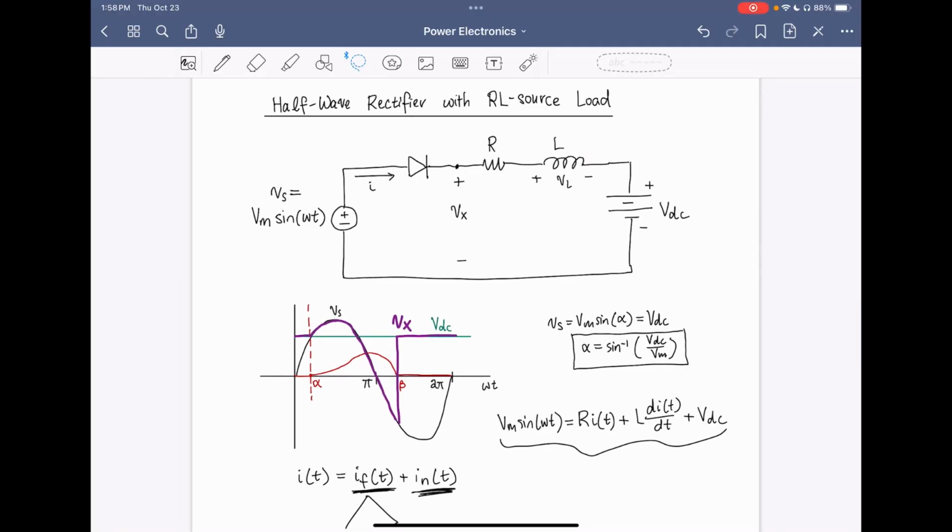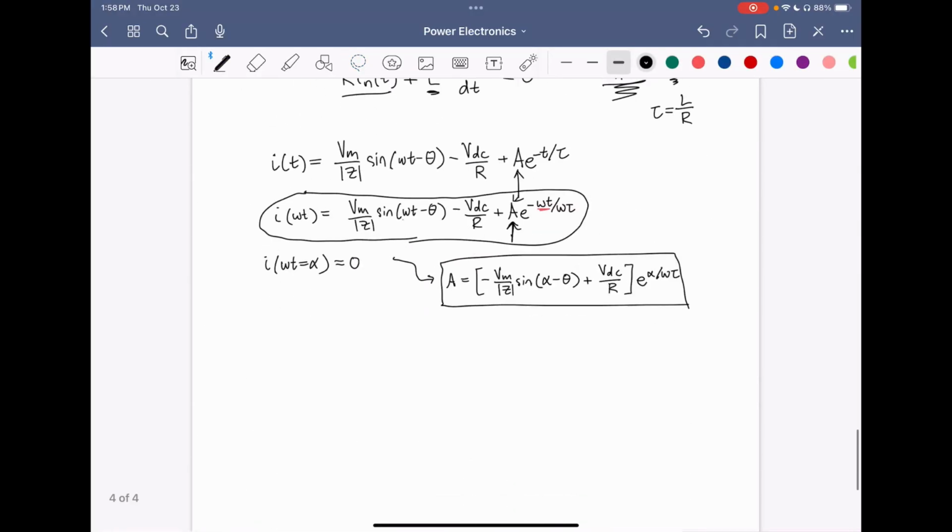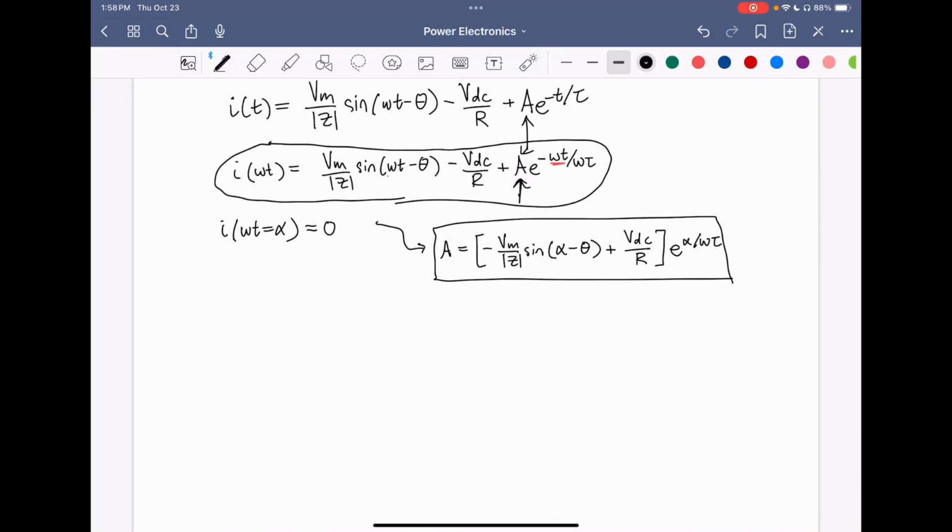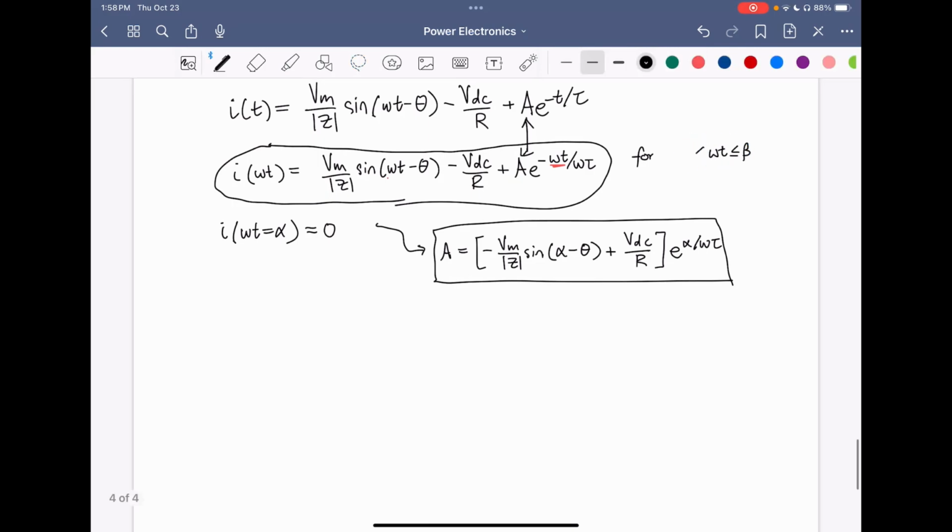As a recap, let's go through the expression for the current again. We have this expression I of omega t in terms of the forced and natural responses that we've computed. This expression is valid for omega t greater than or equal to alpha and less than or equal to beta. Otherwise, outside of this period, I of omega t is just equal to 0.